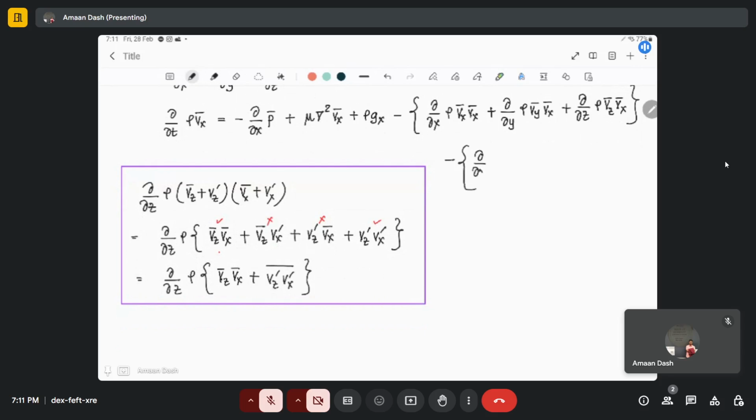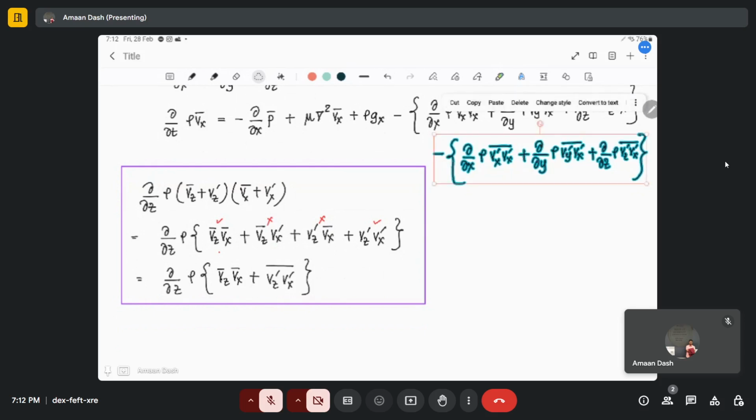So we have dou by dou x of rho vx prime vx prime bar, and similar terms. Okay. I think it is clear.